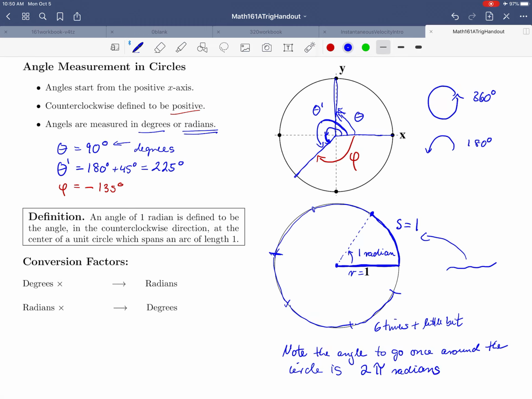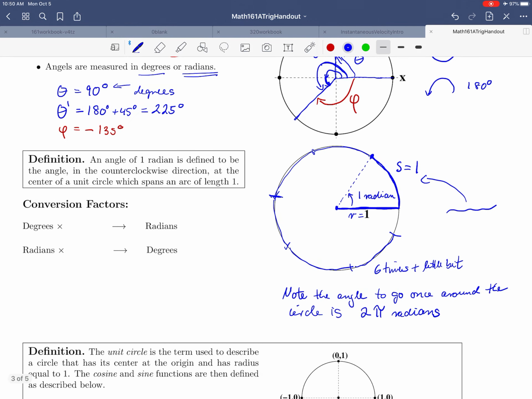At least when we have a circle of radius 1, and this might be familiar from the formula for the circumference of a circle. It's 2 pi r, and so if the radius r is equal to 1, the distance all around is 2 pi, and that is equal to the number of radians in an angle that goes all around the circle. So we said in degrees, going around the circle gets us 360 degrees.